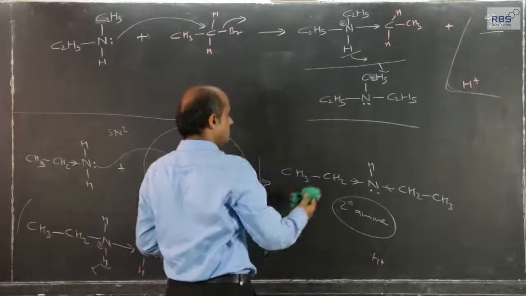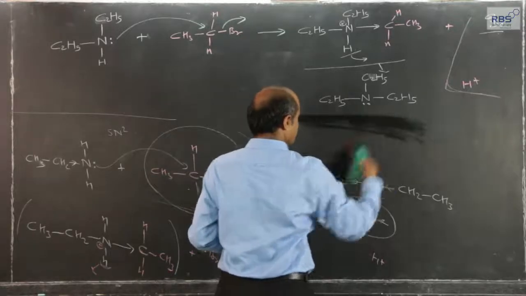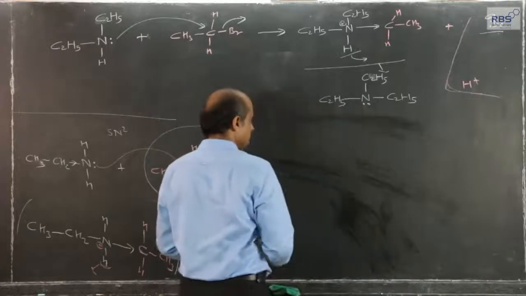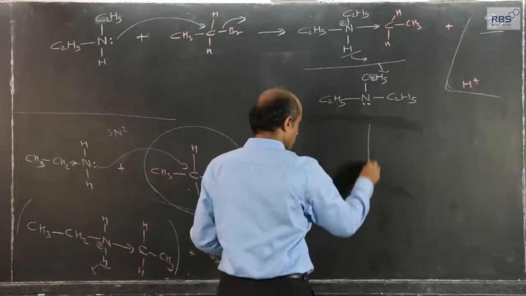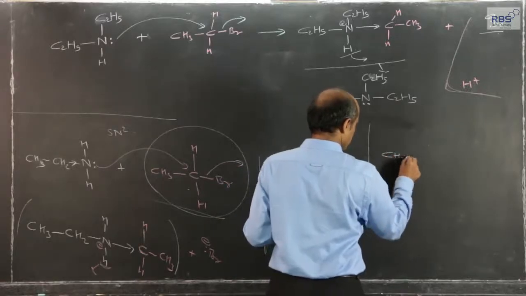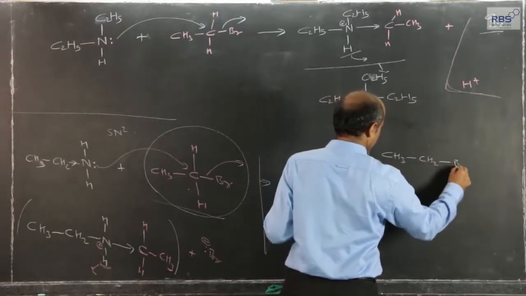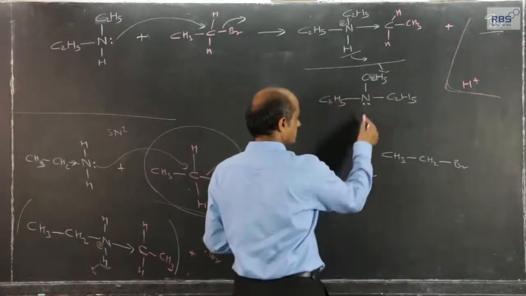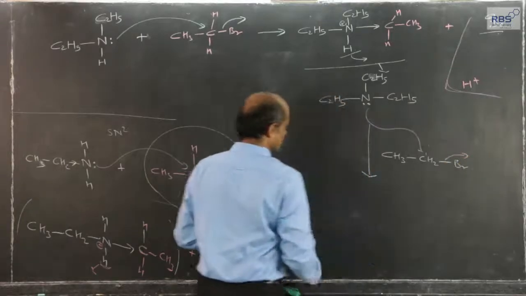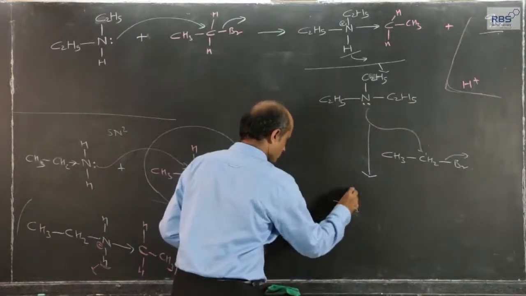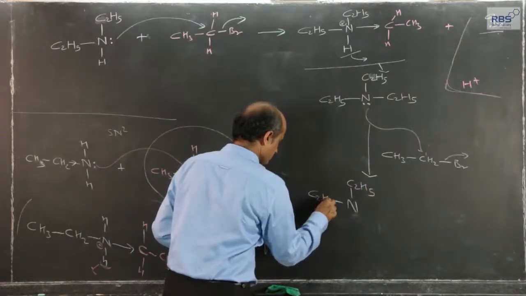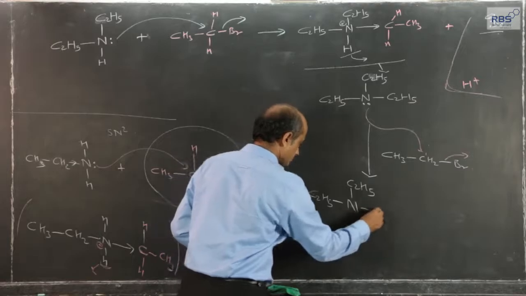Since I have taken alkyl halide in excess, this tertiary amine can again further react with alkyl halide, giving rise to, just look here, primary amine, then secondary amine, and now tertiary amine.